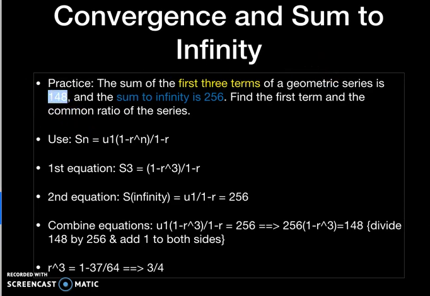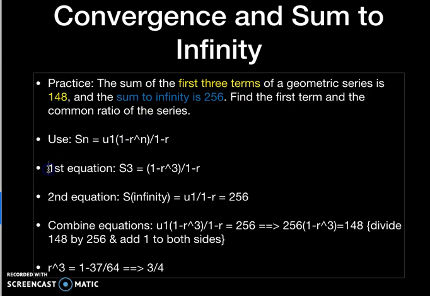Now what we do know is that, because this is a sum to infinity problem and also a geometric series problem, we can start off by using our geometric series equation. So let's start with Sn equals u1 open parentheses, 1 minus r to the n, divided by 1 minus r.